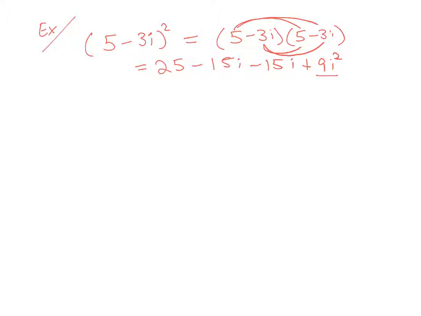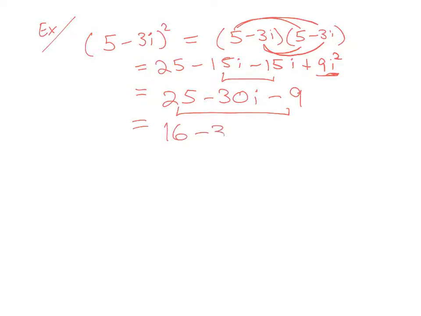Absolutely. Let's combine our like terms. We get 25 minus 30i, and this i squared changes the sign, so we're left with -9. 25 minus 9 leaves us with 16 minus 30i. And there you have it, folks. That's what we call complex form.